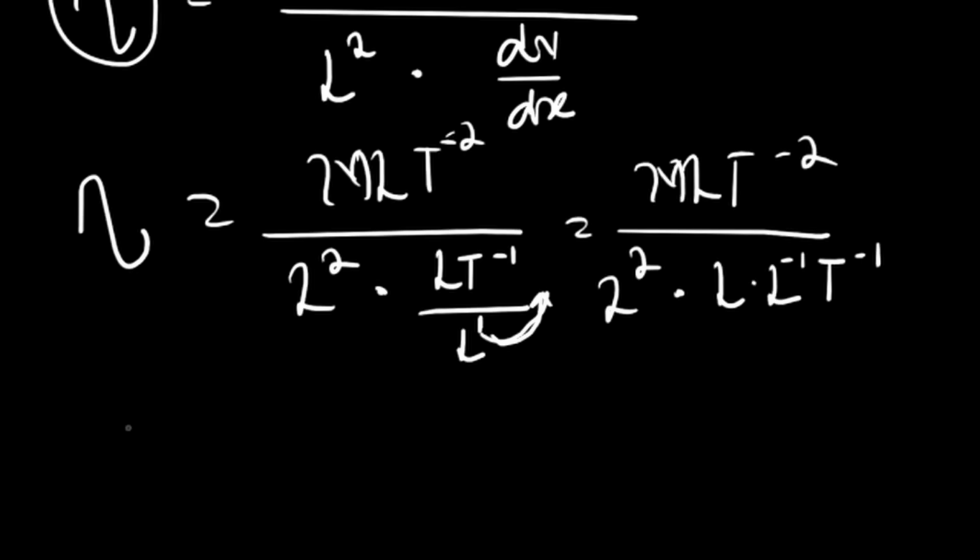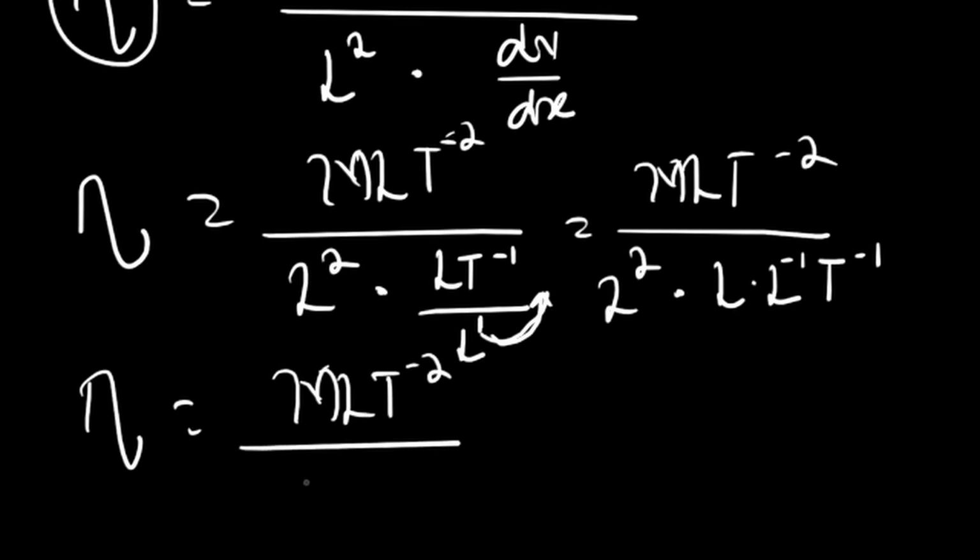Now let's clean this up. We have that viscosity is equal to MLT^-2 over, and here we have L squared. This right here is L, please, it's not a 2. Here we have two like bases, L and L. This one is to the power of positive 1, and this is to the power of negative 1, so we can add their powers.